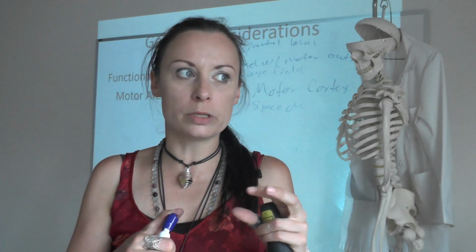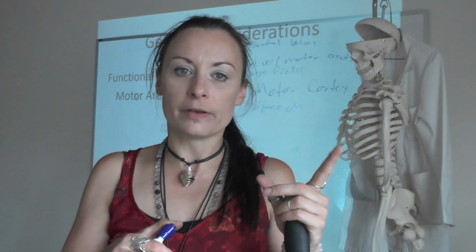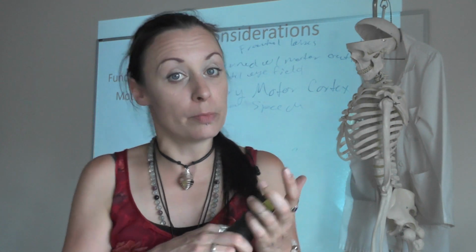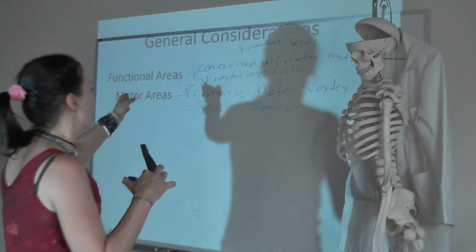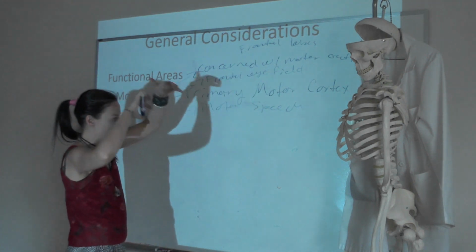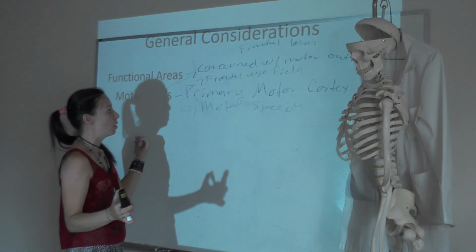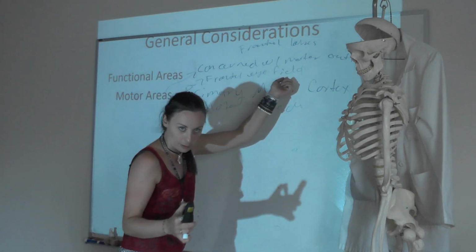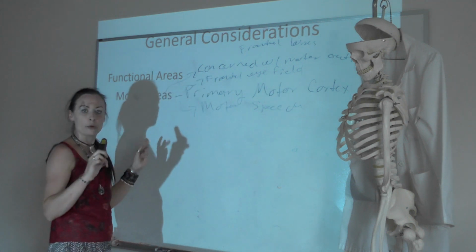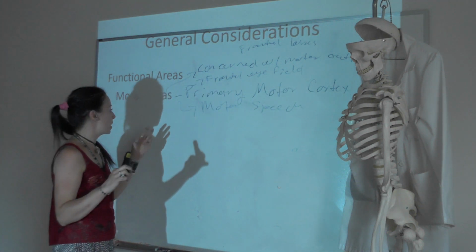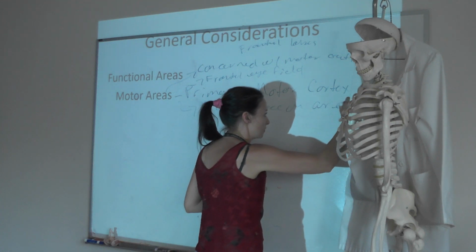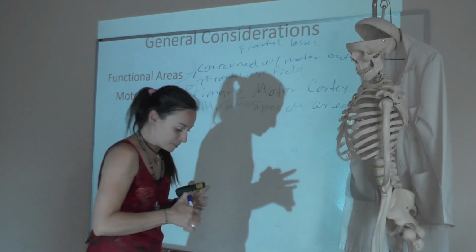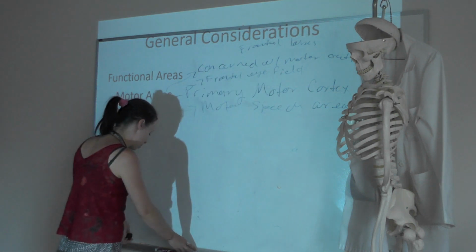So to control the motor function of your eyes, you actually have motor eye fields also in the frontal lobe. Your primary motor cortex is what's initiating your voluntary motor control. But we also have a frontal eye field that's controlling the movement of your eyes. We also have a motor speech area that's controlling the movement of everything that's involved in speech. Okay? So kind of put that in your back pocket.